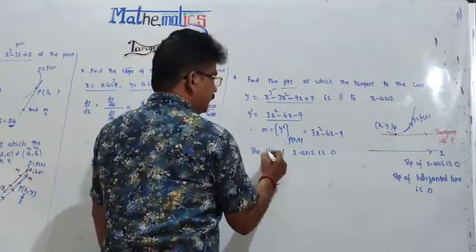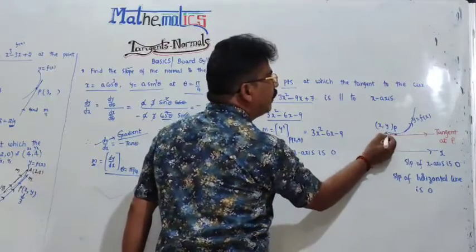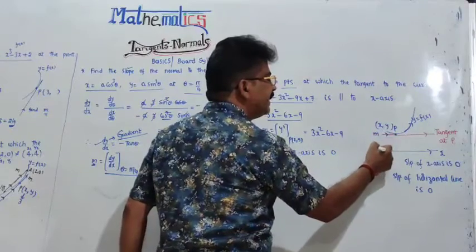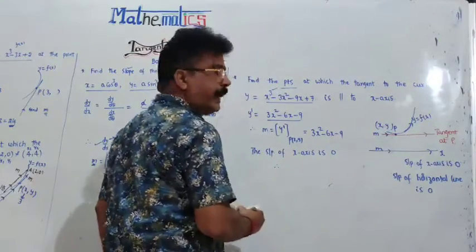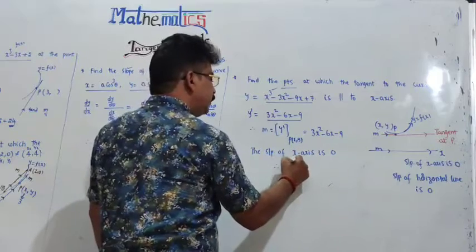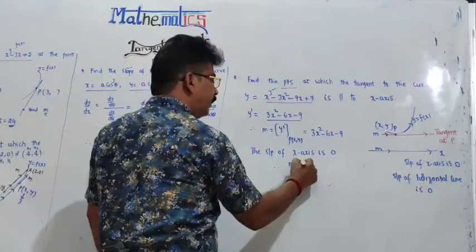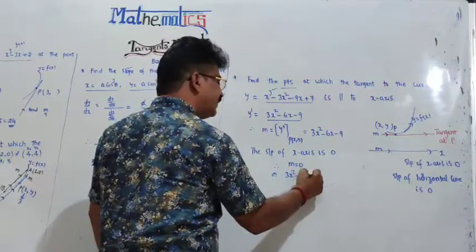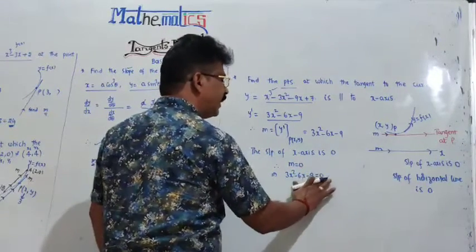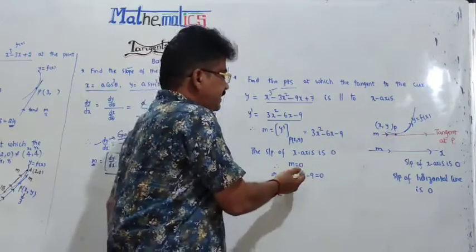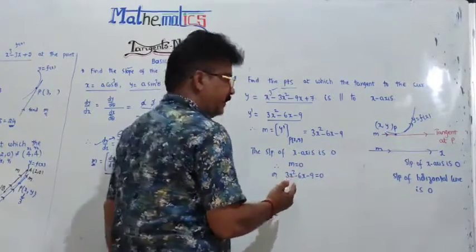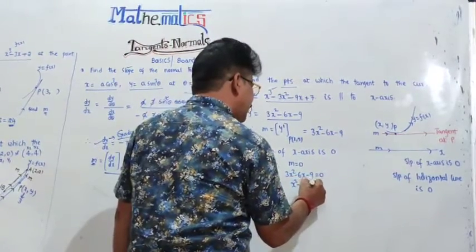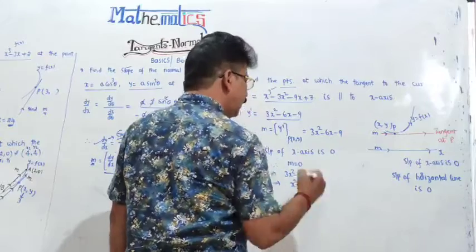So therefore, these two are parallel. Parallel means its slope is the same as its slope. So therefore, m equal to 0. m is 3x square minus 6x minus 9 equal to 0. Alright, this is called the solution of a quadratic equation. So that implies x square minus 2x minus 3 is equal to 0.